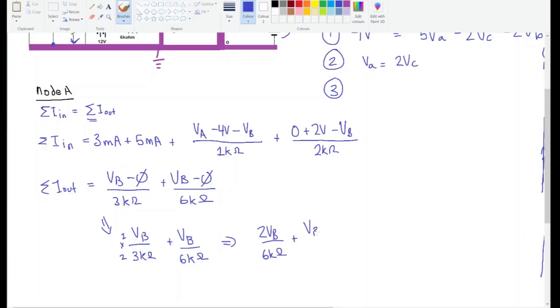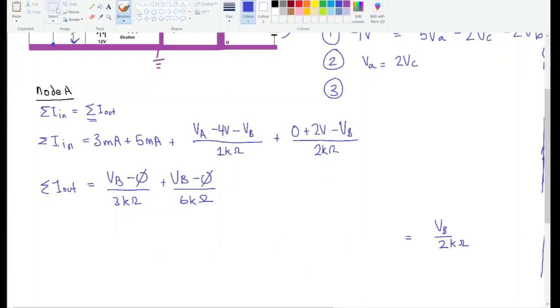Plus VB over 6 kilo ohms, and that's going to equal 3 VB over 6 kilo ohms. And of course, that's just VB over 2 kilo ohms. Okay, sweet. That resolved itself nicely. Let's move that over.